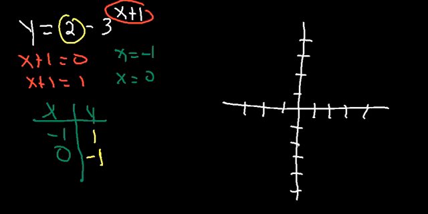So the horizontal asymptote this time is at 2. And if we plot our points, -1, 1, and 0, -1, start from the horizontal asymptote and connect the 2 points. So that's how you can graph that particular exponential equation.